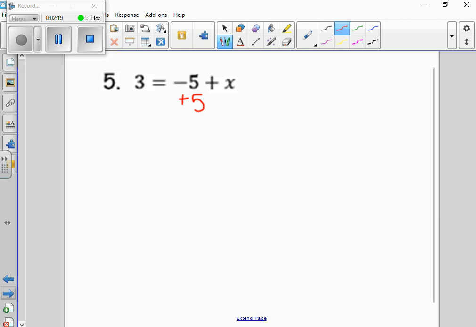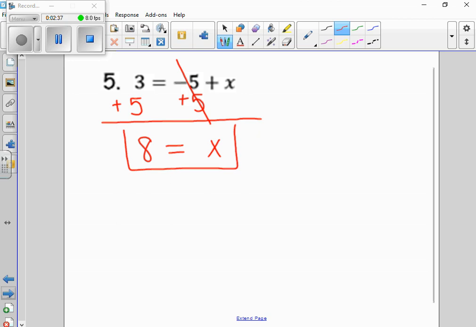And whatever I do to one side of the equal sign, I'm going to do to the other. 5 and negative 5 cancel out, make 0. On the right side, I bring down my x. In the middle is the equal sign. And on the left side, again, just compute 3 plus 5, and I get 8. Again, to check your answer, simply plug the 8 in for x and confirm that negative 5 plus 8 is 3.